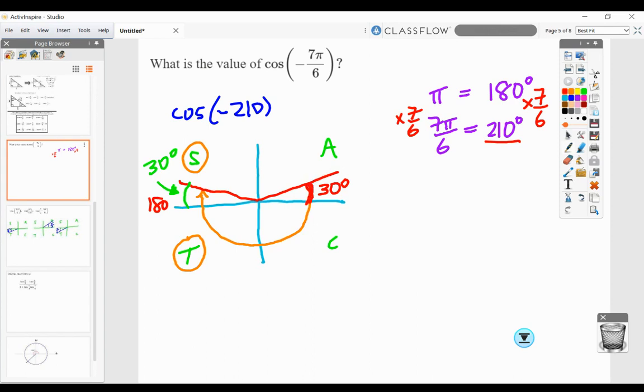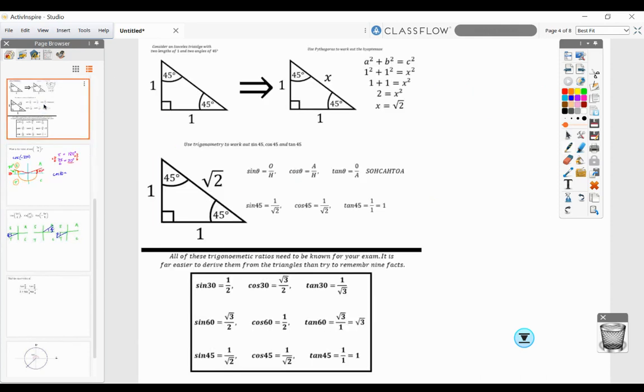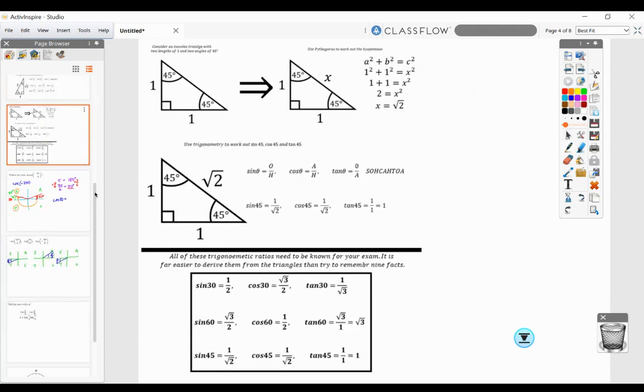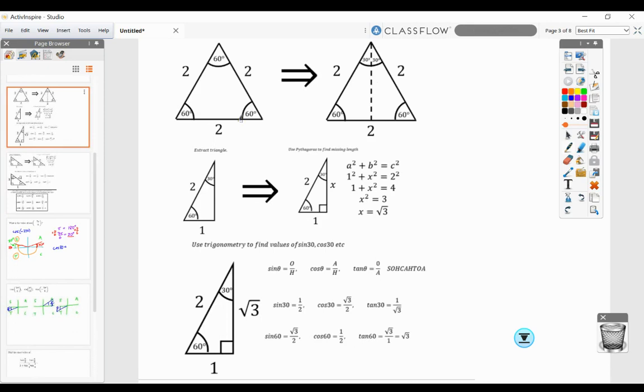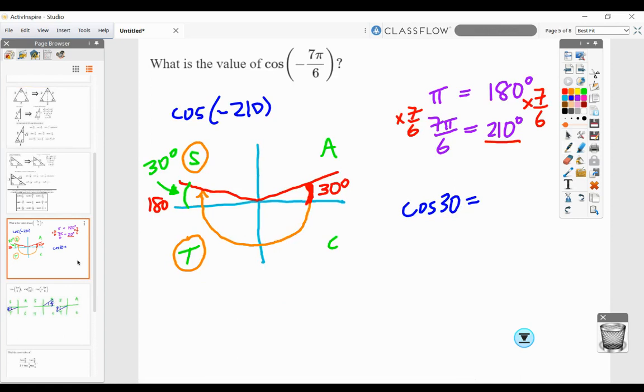It is 30 degrees. So if we work out cosine 30 using our special triangles, which I can refer to here, here's our special triangle for cosine of 30. So it would be adjacent over hypotenuse. So we're looking at cosine 30 being root 3 over 2.